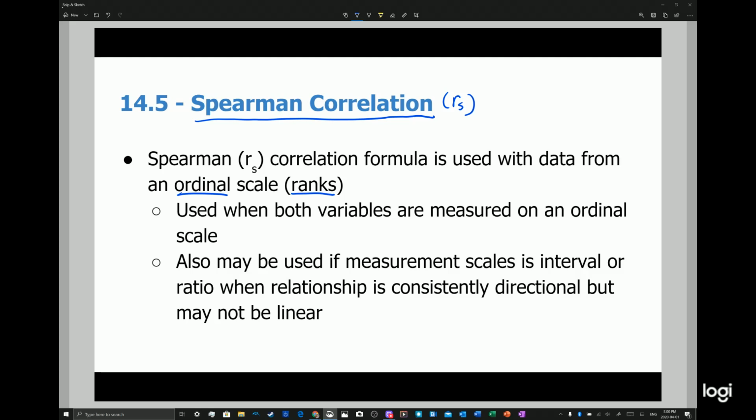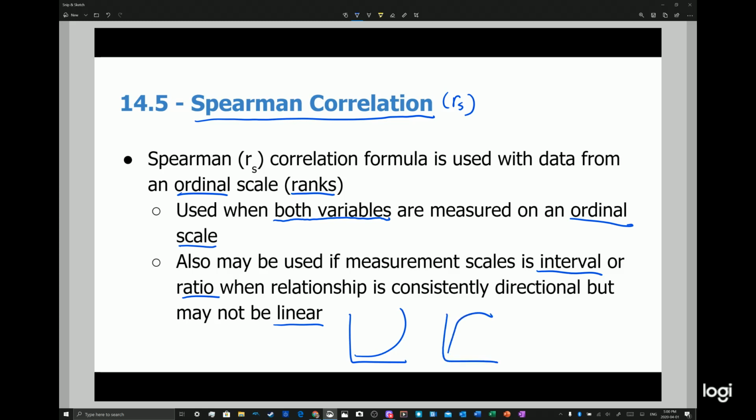So sometimes you can get both variables measured in an ordinal scale. They're ranked somehow. Or sometimes you can get interval or ratio scores, but you're not getting a linear relationship. It could be some sort of curvilinear relationship like this.